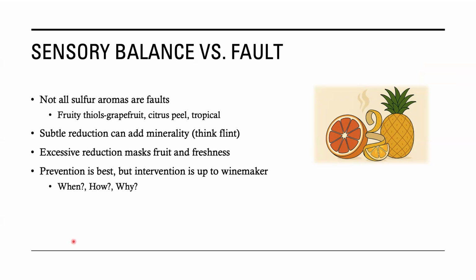So not all sulfur components are bad. Some people say slight reduction can add a minerality to the wine, and there are some styles in the world, like Chablis or Sancerre, both in France, that are probably made in a more reductive style, and that's what people expect of them now.